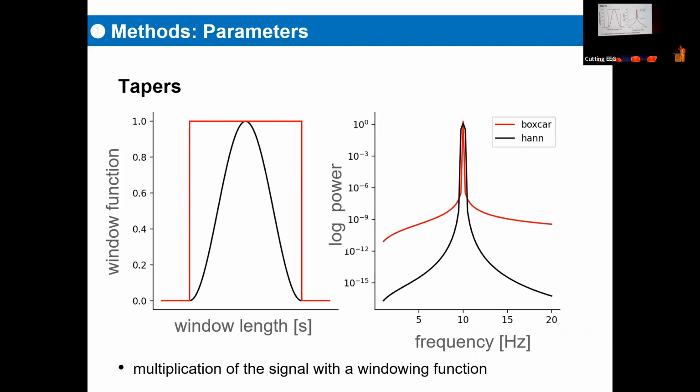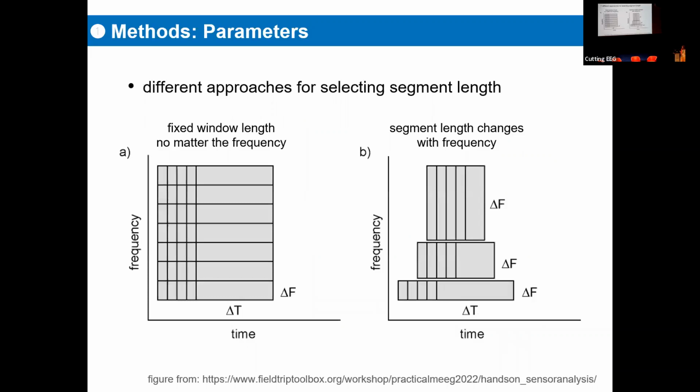Okay, so there are different approaches for selecting segment length. I just want to briefly mention that. In all the previous slides, we used the same segment length per frequency.